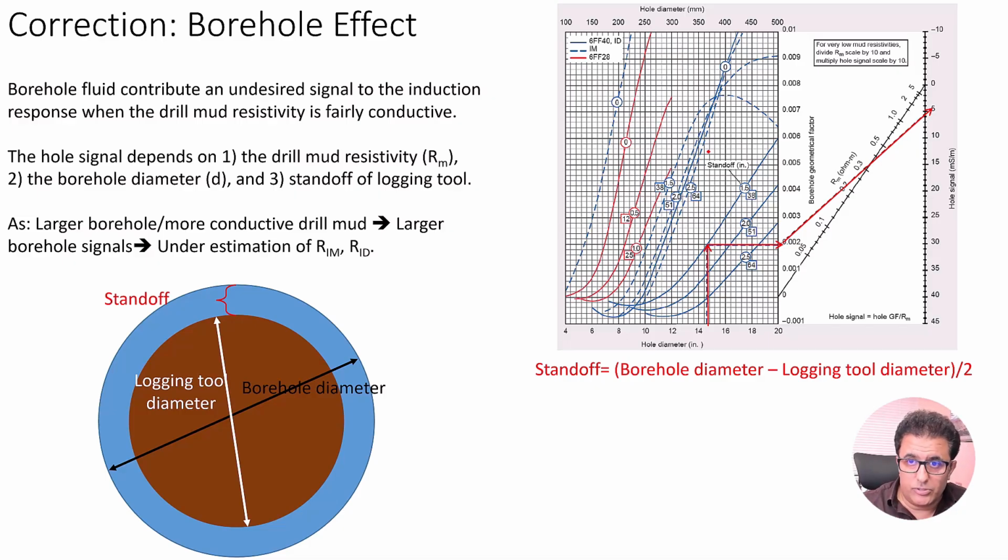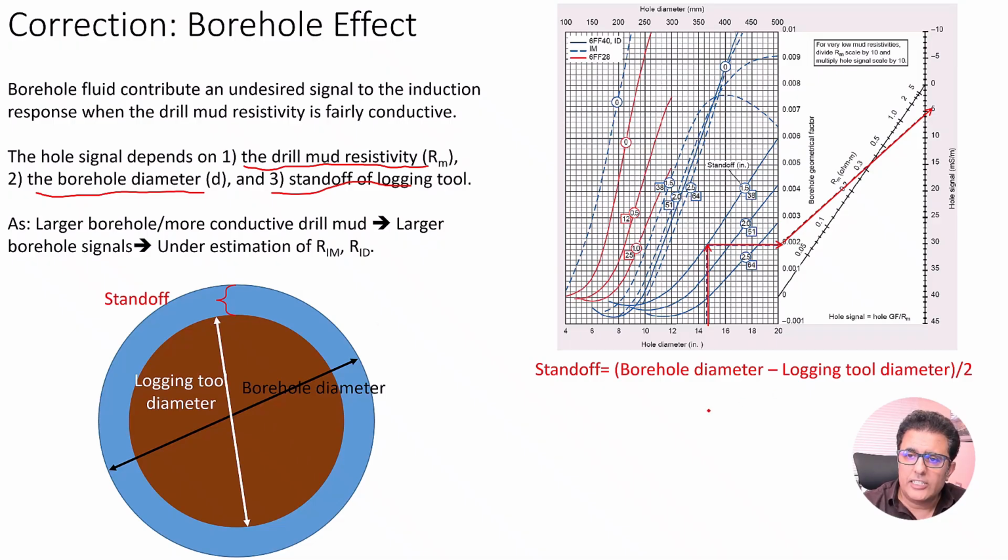And in order to do so, first we have to calculate the borehole signal. The borehole signal is a function of three parameters, as you see here. The first parameter is the resistivity of drill mud. The second is the borehole diameter. And the third is standoff of logging tool, the distance between the logging tool and the borehole wall.